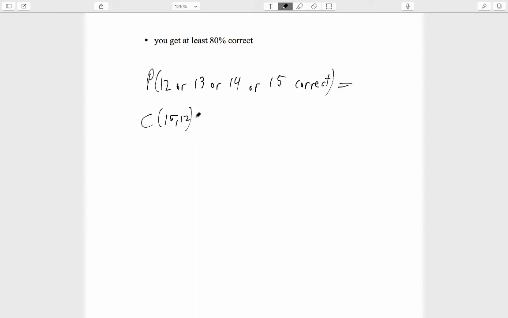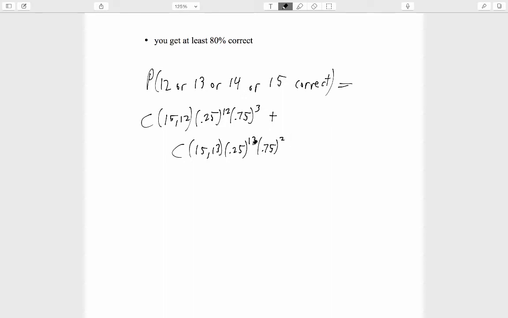For exactly 12 correct, that's 15 choose 12 times 0.25 raised to the 12th times 0.75 to the 3rd, that's what we just wrote down, plus the corresponding probability for exactly 13 correct. That's 15 choose 13, 0.25 to the 13 times 0.75 to the 2nd power.